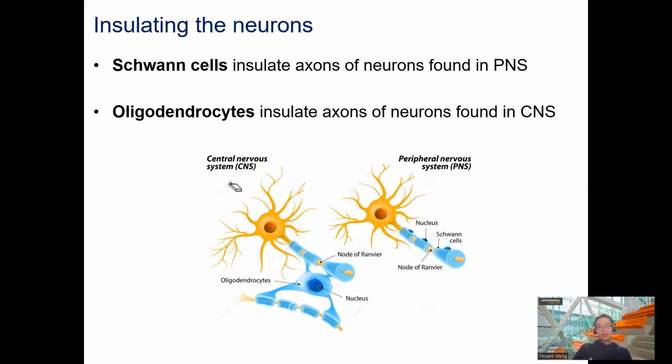And in the CNS, in the brain and the spinal cord, the oligodendrocyte is responsible for forming the myelin. So just two groups of different glial cells that, again, perform the same function. The function being creating the myelin.